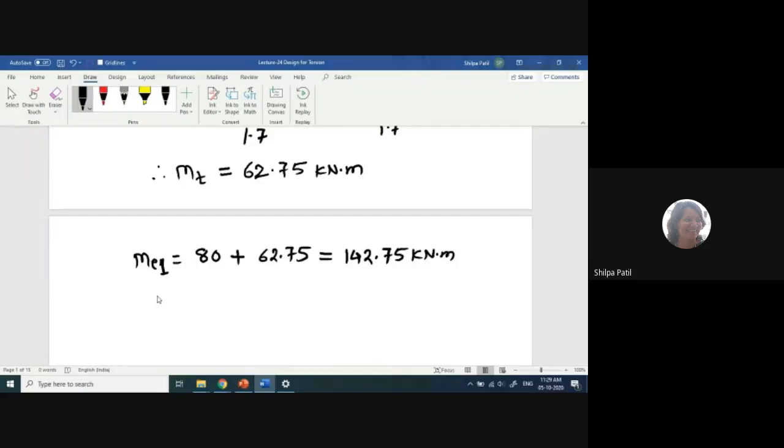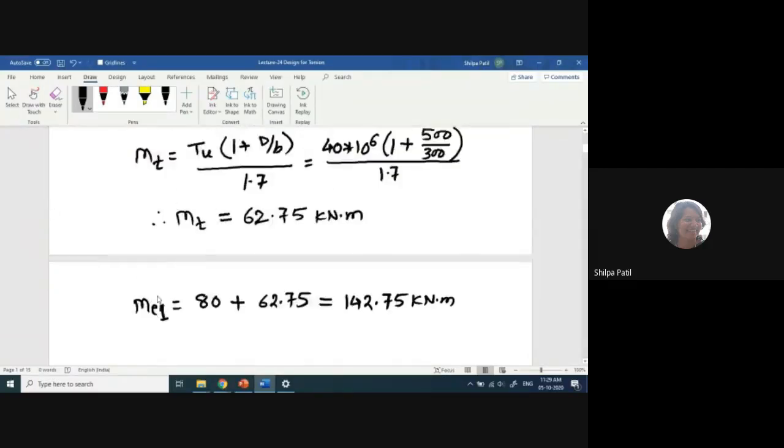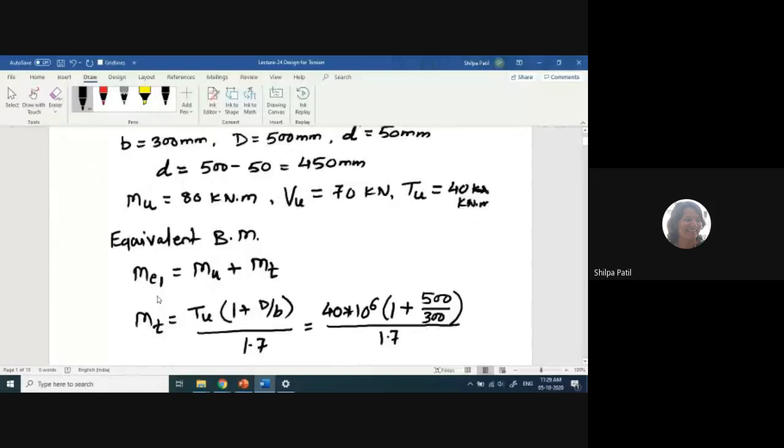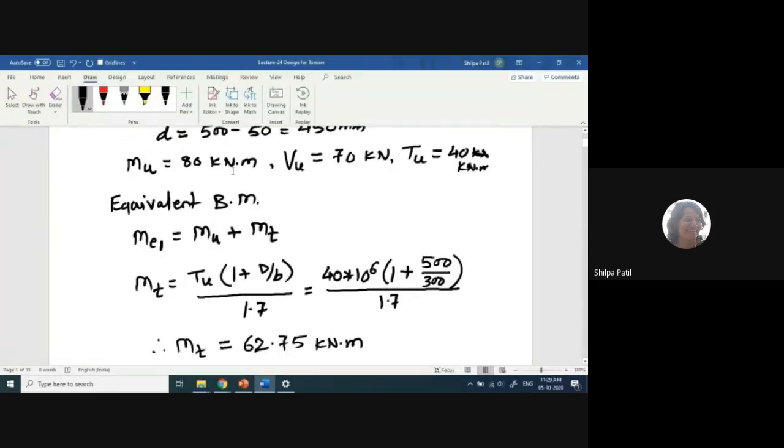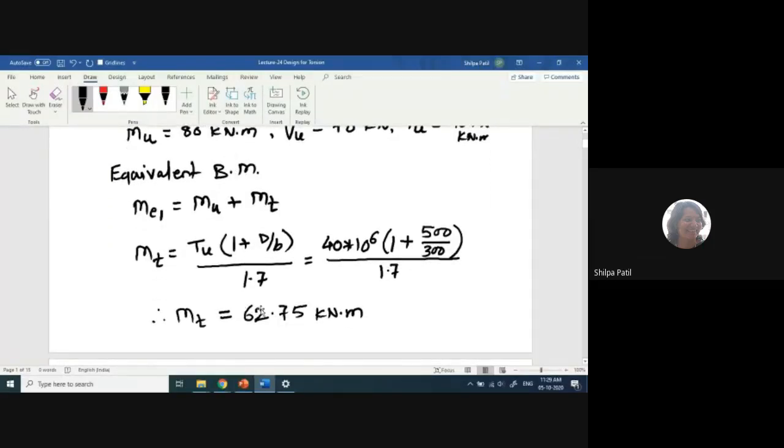We need to check whether steel in the compression zone is also required, which is checked by comparing this Mt value with Mu. Mt we have already calculated: 62.75, and Mu is 80. If Mt is greater than Mu, then and only then we have to provide steel on the compression side.